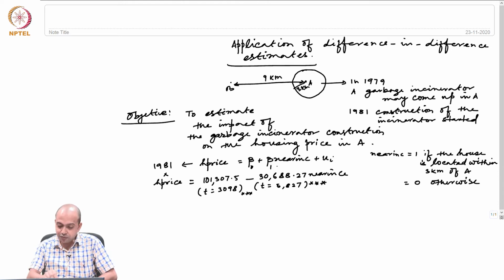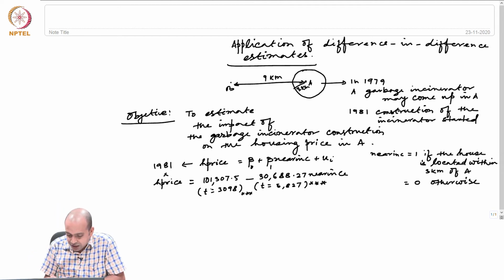You would be tempted to infer like this. But if you interpret this equation in this way and come to the conclusion that yes, garbage incinerator has a negative impact on the housing price of place A, then your conclusion would be wrong. Okay.